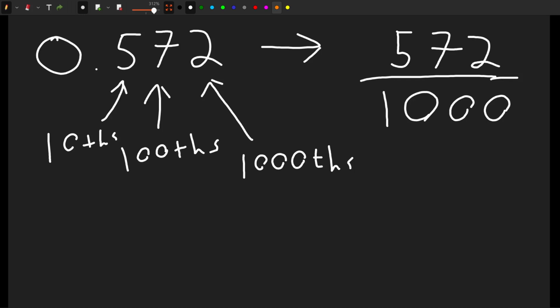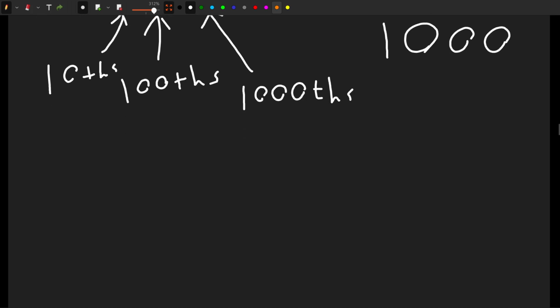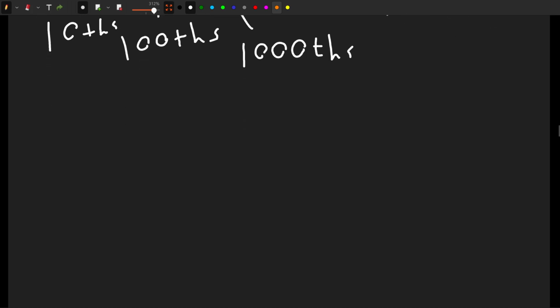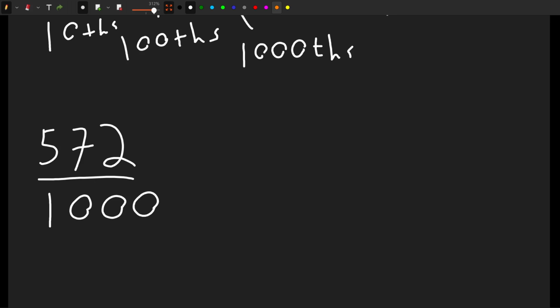Now, that's how you can convert from a decimal to a fraction. However, most times we want to simplify this. So we're going to take 572 over 1,000 and simplify it. Okay.